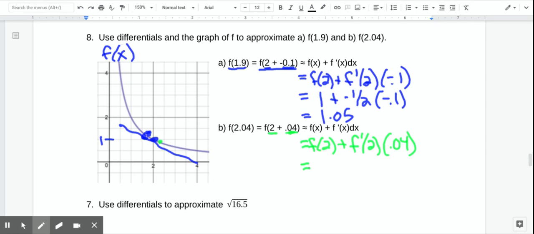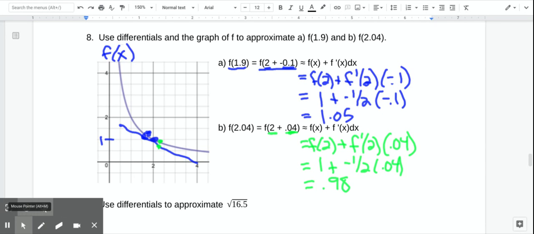So clearly f of 2 is 1. We said that the slope at that point looks like negative 1/2. And we're going to plug that into our calculator, and we get 0.98. Okay, so that's the y value from the tangent line, which is pretty darn close to the y value on the actual function itself.